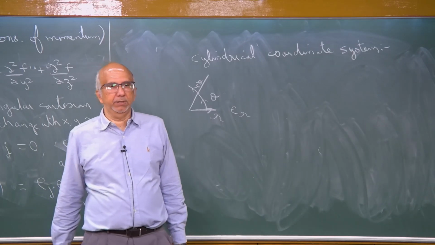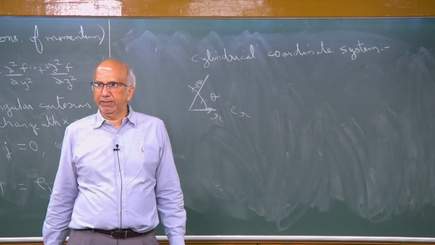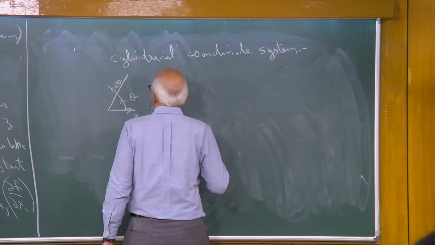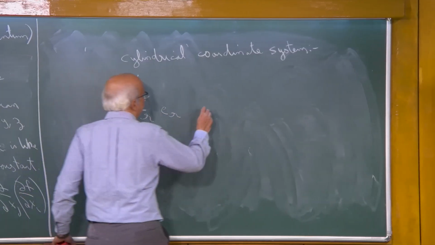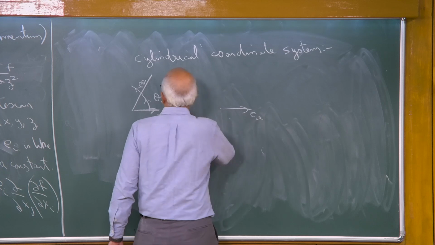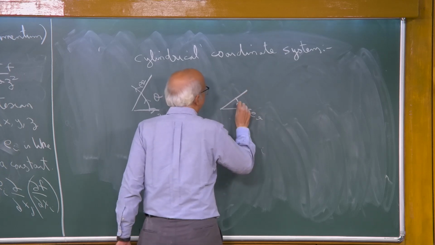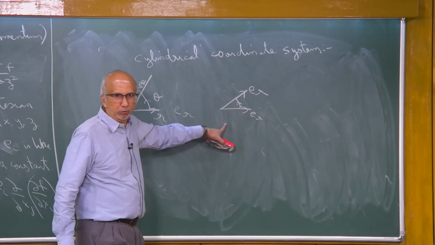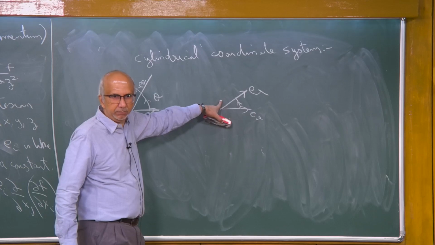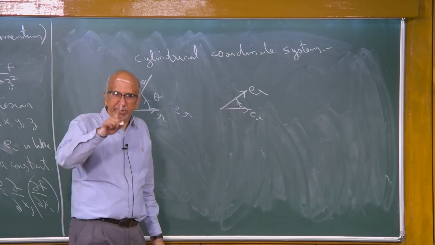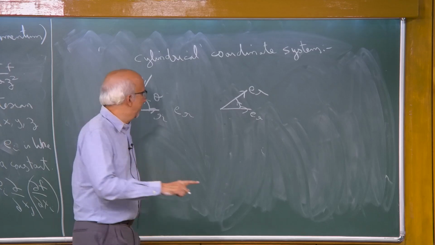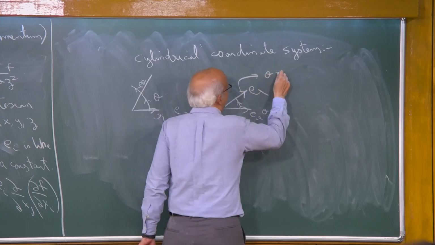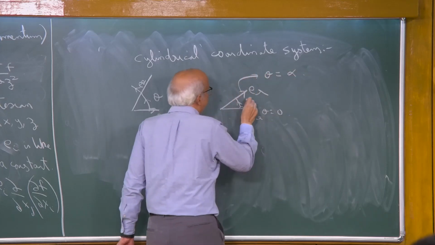So ER and E theta are the unit vectors in the r and theta directions. Now, as you change theta, this is the ER at theta equal to 0, and this is the ER at some other theta, because ER is pointing in the radial direction. Let us say this is at theta equal to some alpha.